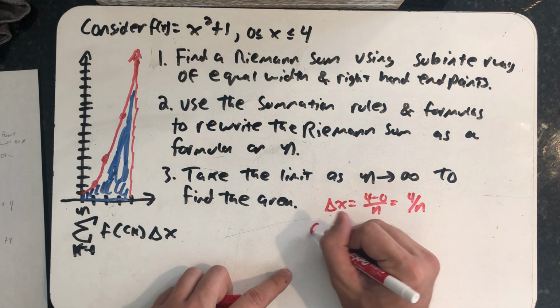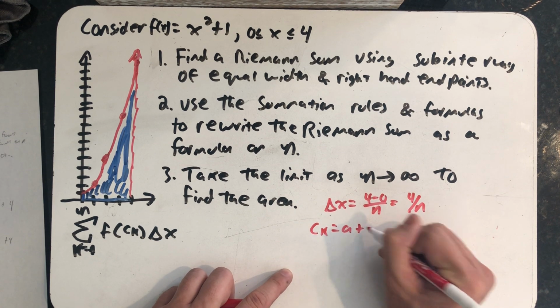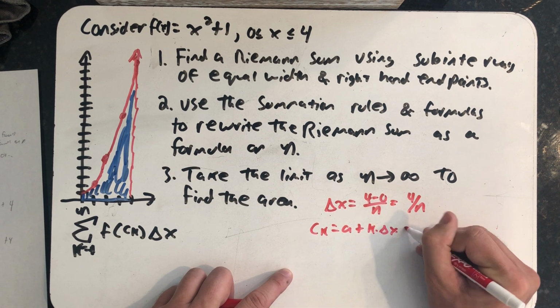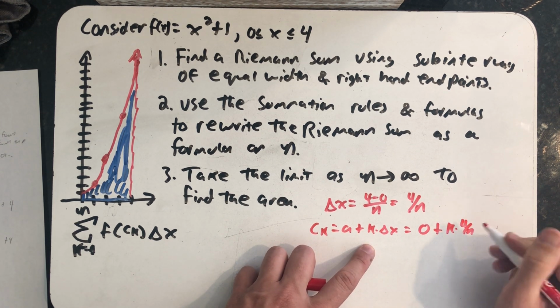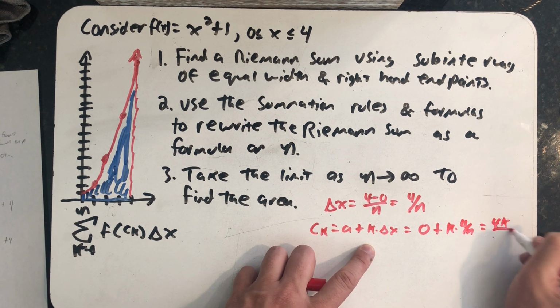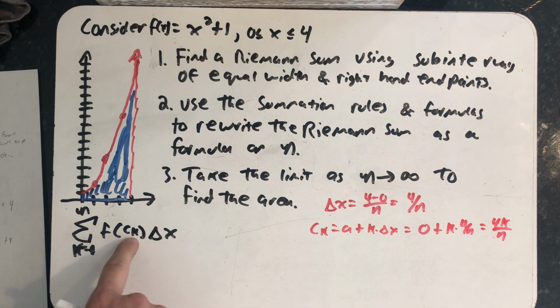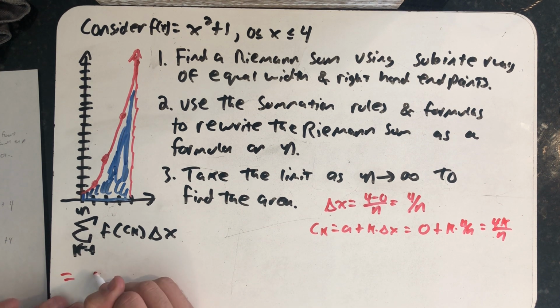My right-handed endpoints, that's always a plus k times delta x, so that's 0 plus k times 4 over n, which is just 4k over n. So now I know what's going on the inside of my function, and I know what delta x is, I can begin to think about my Riemann sum.